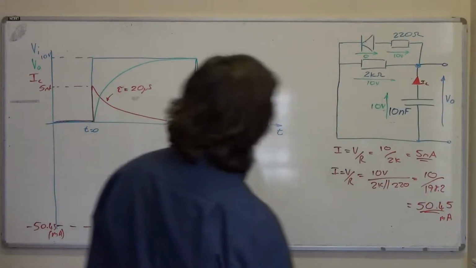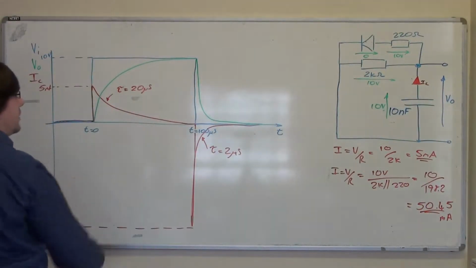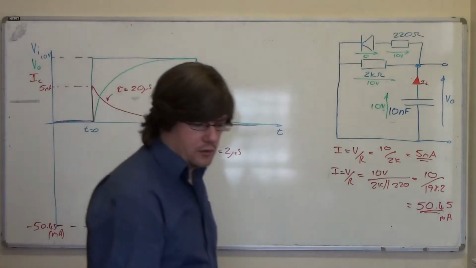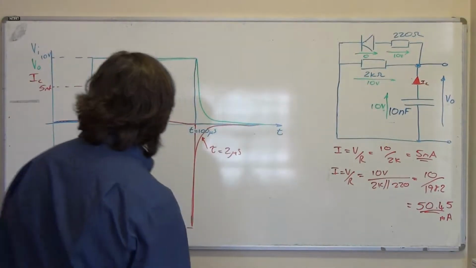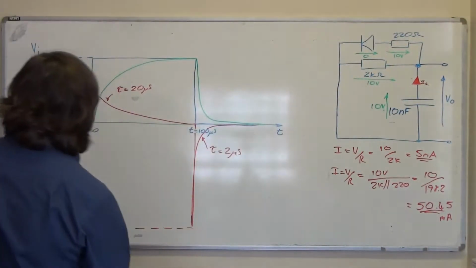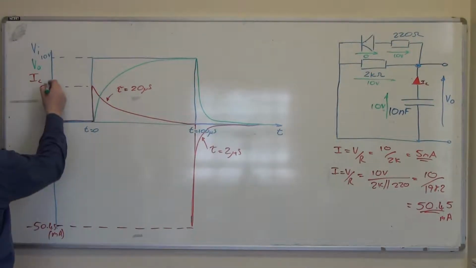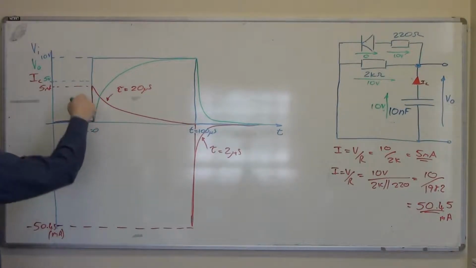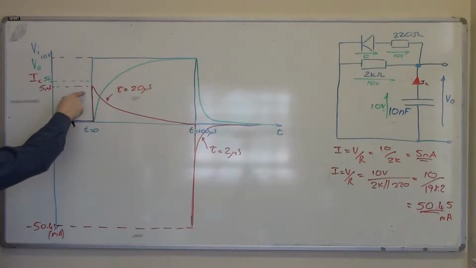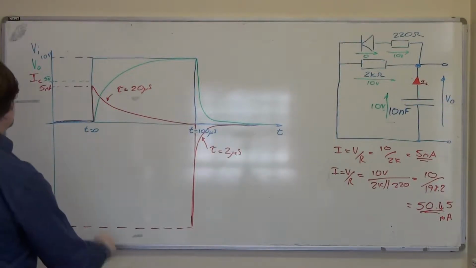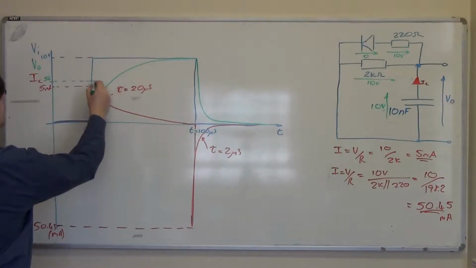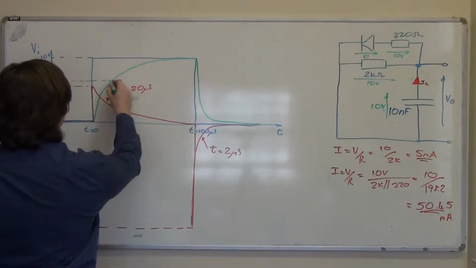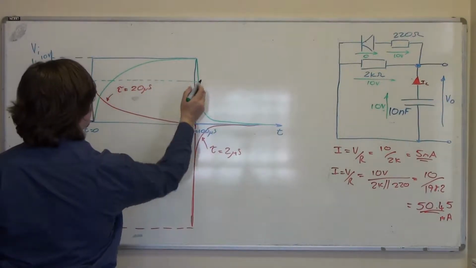So we need to know what the width of the green line is between half the output height. So half the output height is at 5 volts because 10 volts is the peak output. I know it's not quite in the middle, but to avoid interfering with the red current line, I'm going to call that 5 volts. It doesn't actually matter because the diagram is symbolic only.